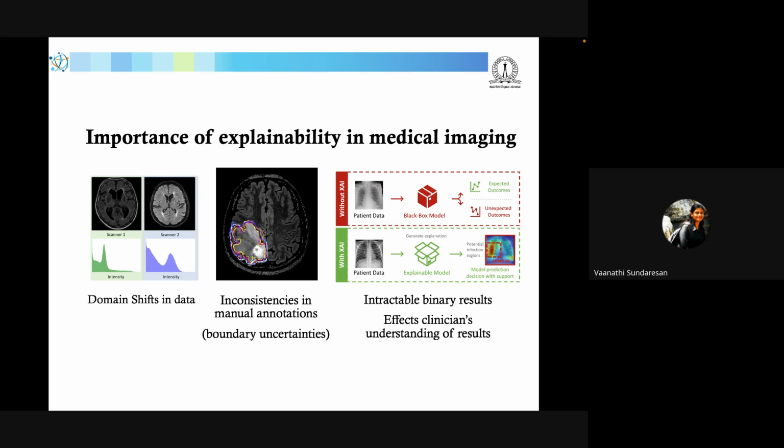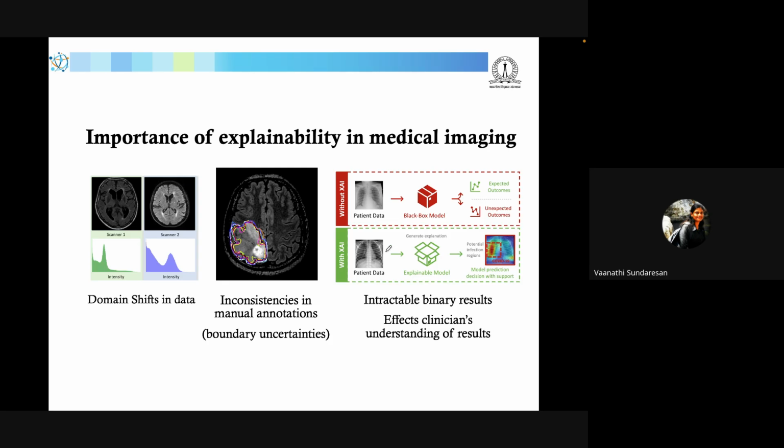This has to be provided in an explainable manner. When the output is provided, we need to show how confident the model is in predicting boundaries. For example, in the previous case we showed the uncertainty. The confidence of the model is one way of showing how explainable, how good your model is. The second is interactable binary results.